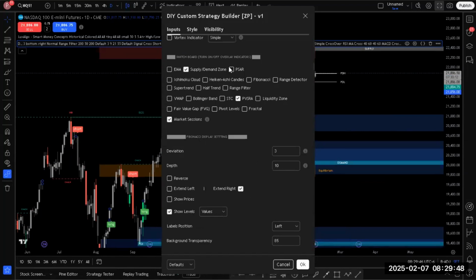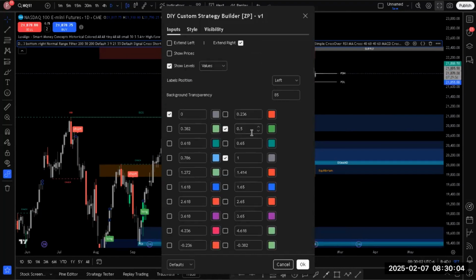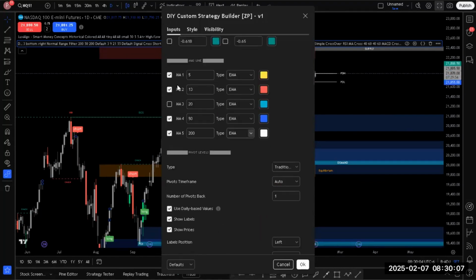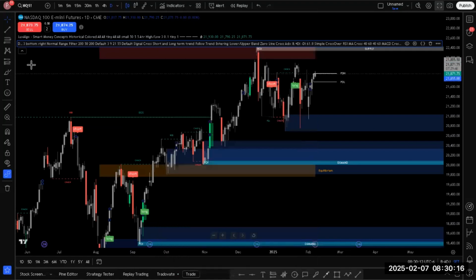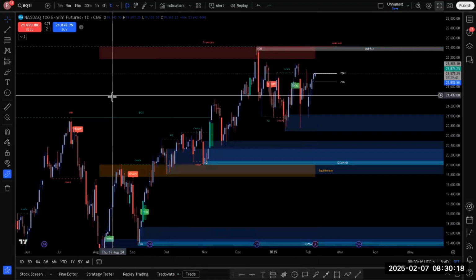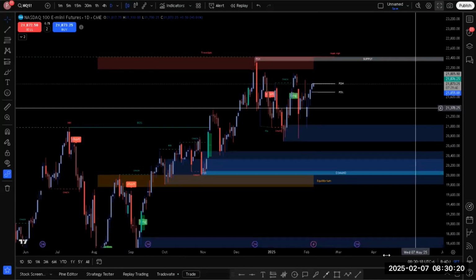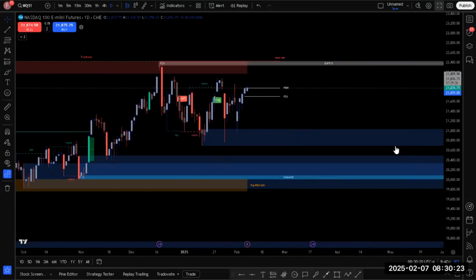Only thing I really want on this one is EMA and half trend. Then I'm going to go down to my moving average and I'm only going to select the 200 EMA. Then hit OK. And so those are my settings.